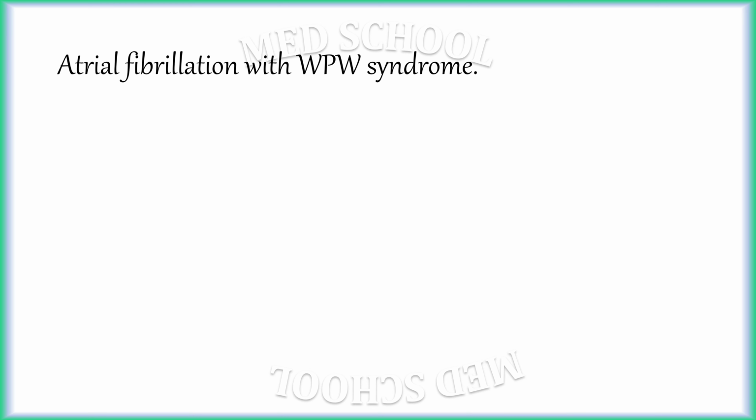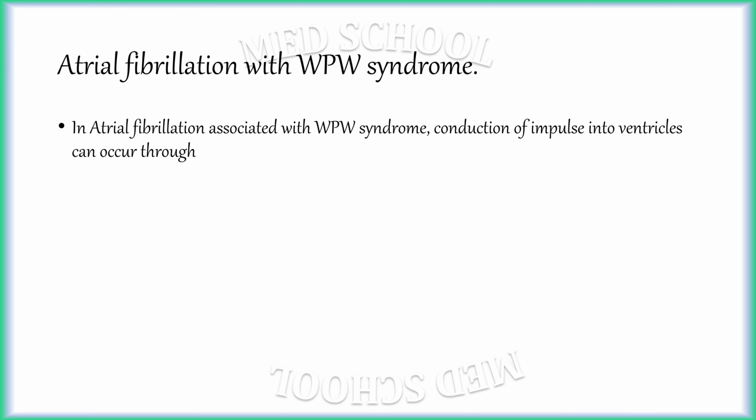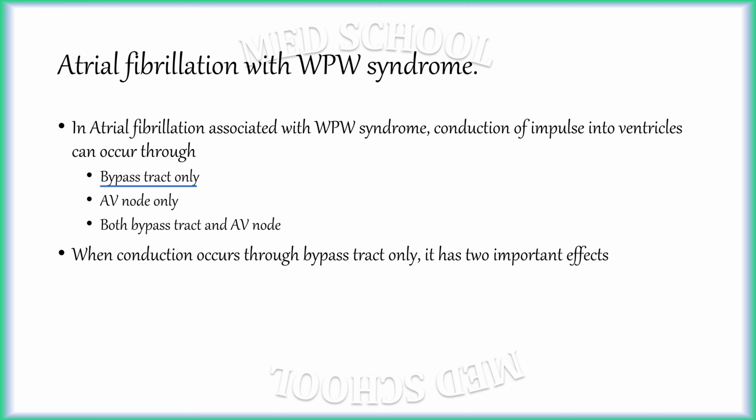In atrial fibrillation associated with WPW syndrome, conduction of impulse into ventricles can occur through bypass tract only, AV node only, or both bypass tract and AV node. When conduction occurs through bypass tract only, it has two important effects.